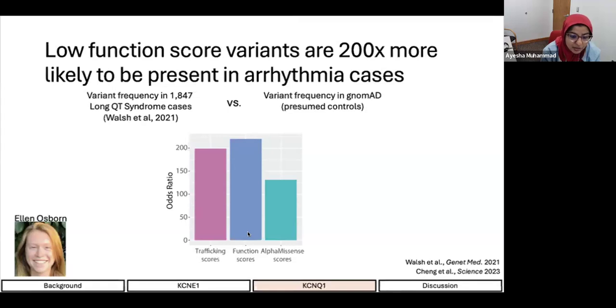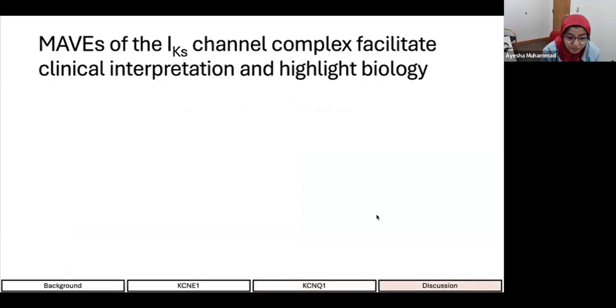We saw that low function score variants are 200 times more likely to be present in arrhythmia cases than in presumed gnomAD controls.